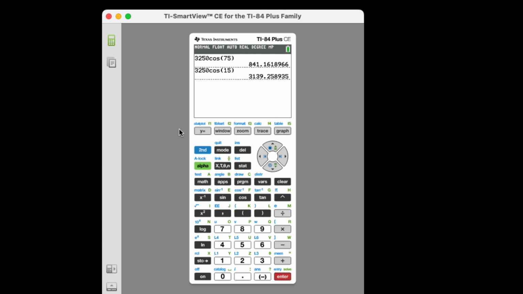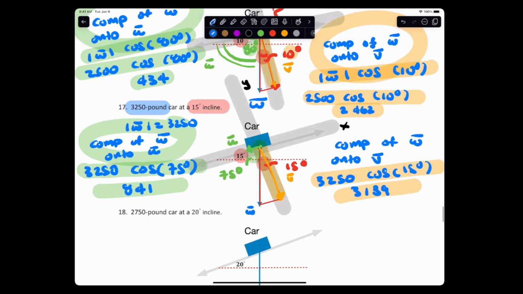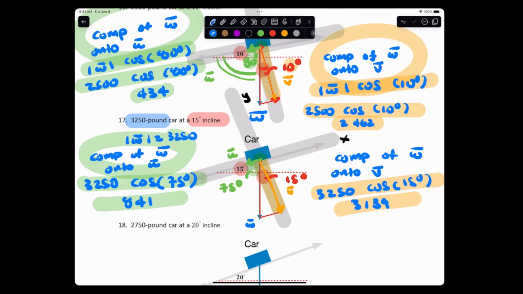Okay, so the first component is 841 pounds, right? And the second one's going to be what? 3,139 pounds. So, ladies and gentlemen, there is another example of finding the components of one vector onto the other, and that's an important detail. Easy peasy lemon squeezy.